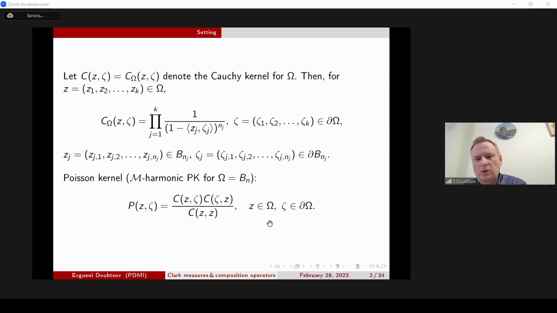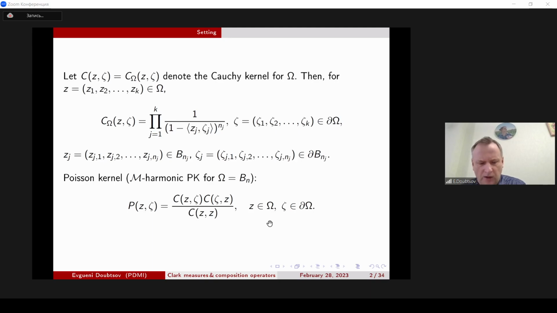Okay, and the main kernel I'm going to use to introduce, in particular, Clark measures is the corresponding Poisson kernel. The main point here is that the formula is the same for the unit ball, unit disk, and the corresponding finite products.